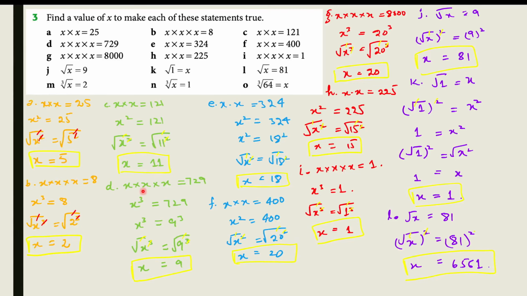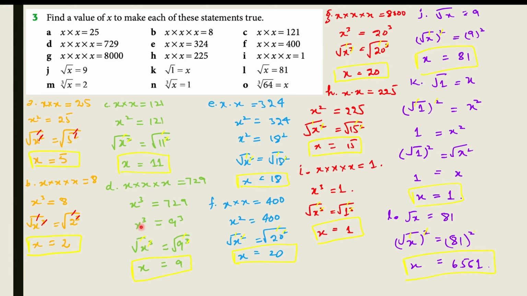The next equation is x multiplied by x multiplied by x is equal to 729. The very first step is that again we write it in exponent form, so it will become x cubed is equal to 729. After writing it in the exponent form, we find the value of x by taking the cube root on both sides.